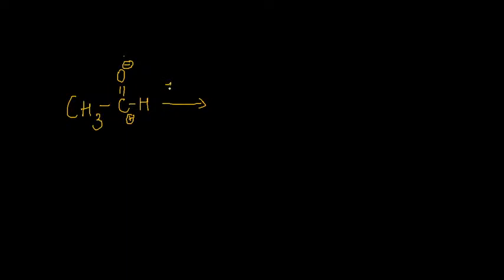So what this zinc will do is, the oxidation state of zinc in zinc amalgam is Zn2 plus, correct? That zinc will give 2 electrons. To whom does it give these 2 electrons? Yes, zinc will give these 2 electrons to the carbon atom. So when zinc gives 2 electrons to the carbon atom, what happens?